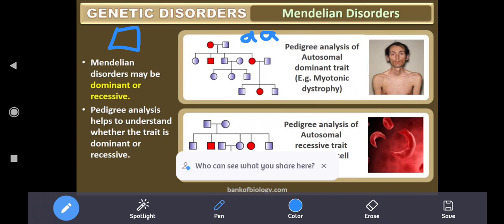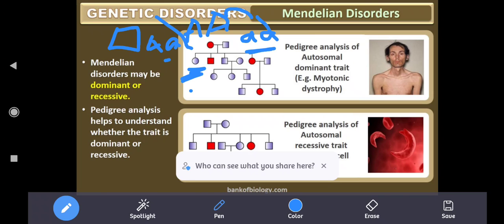Now look at this. Sometimes she might be capital A capital A also, the possibility is there. And capital A small a also are possibilities. Now let us take this trait, capital A with small a small a, the male is normal. Now see, this girl is normal, but when any gene from the female and this one shares together, definitely this girl might be affected.